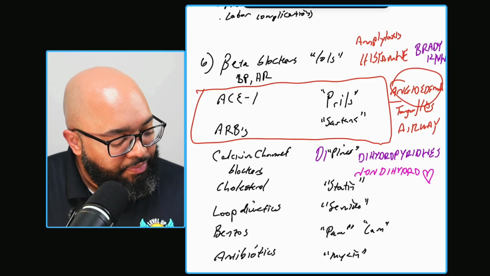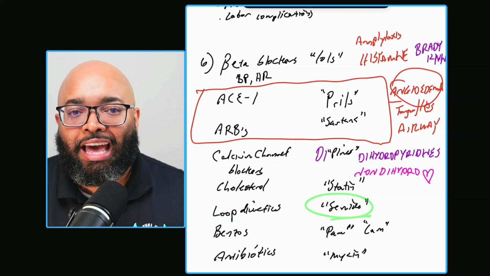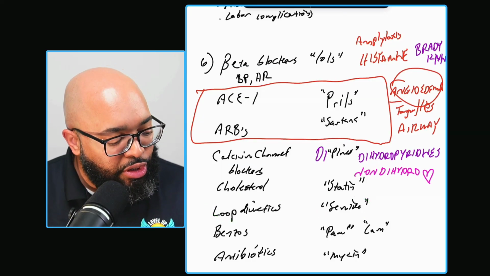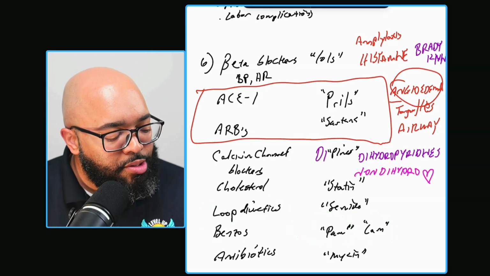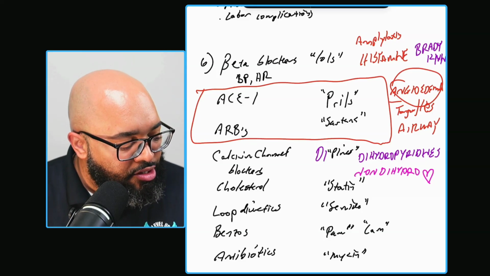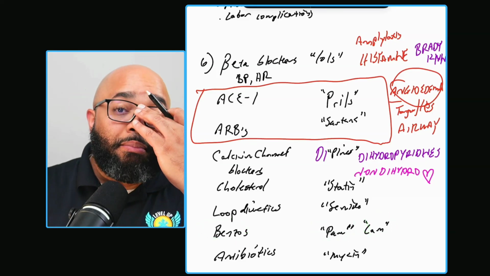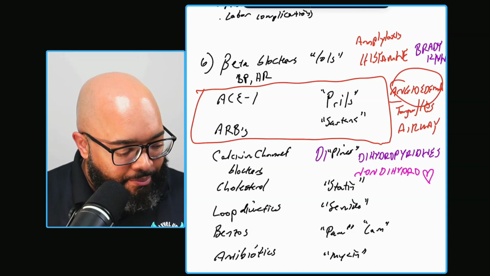Some other things to know would be loop diuretics. These end in semide, like furosemide, bumetanide, the semides. Your PAMs and LAMs are benzos used for seizures, anxiety, things like that. So your benzos typically end in pam or lam: oxazepam, midazolam, diazepam, lorazepam.